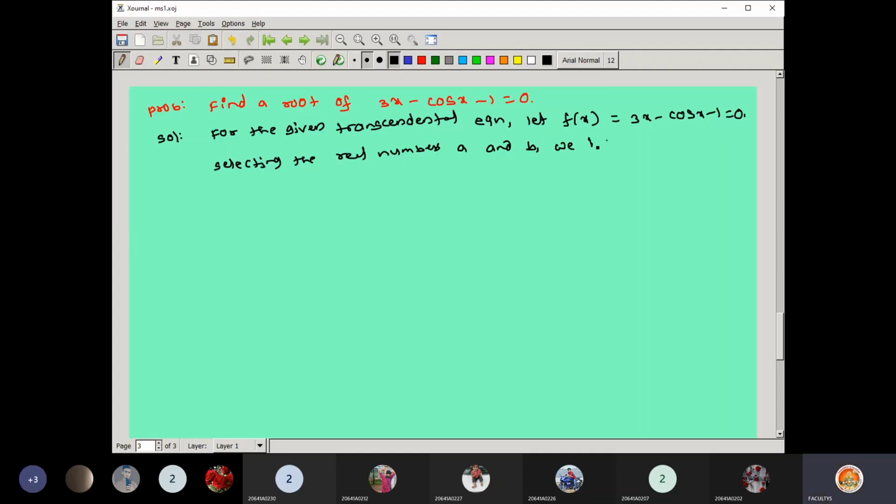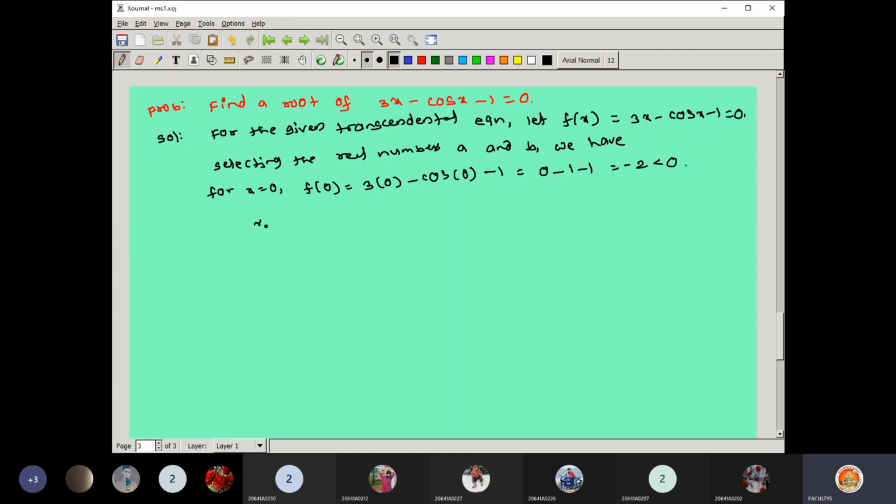So go for first x equal to 0. So that you are getting f of 0 equal to 3 into 0 minus cos of 0 minus 1. 3 into 0 is 0, cos 0 is 1 and minus 1. Finally you are getting minus 2, that is less than 0.